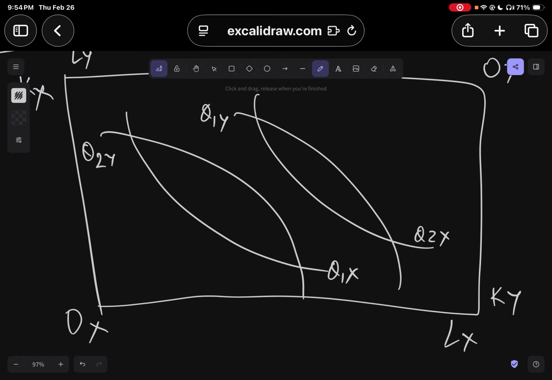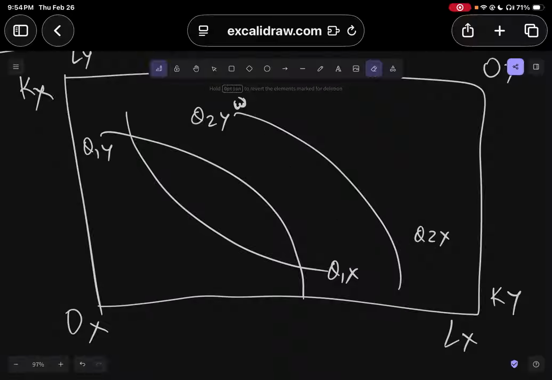If the initial endowment is such that the market finds itself with Q1X amount of commodity X and Q1Y of commodity Y at the initial point W, so this is the point W. Actually, both of these touch each other, so the isoquants will be like this.